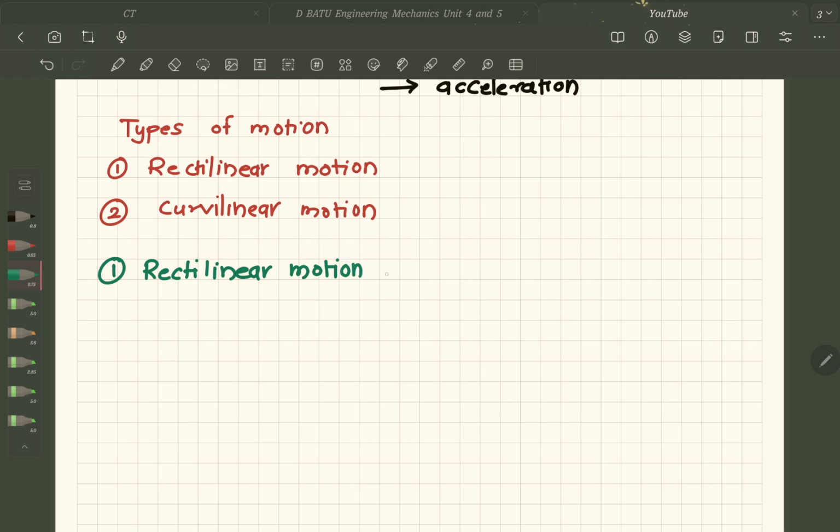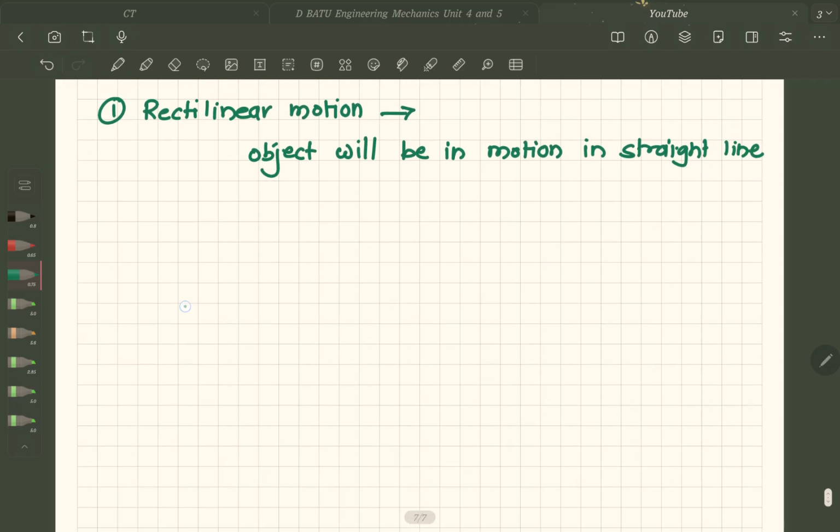The meaning of this is the object will be in motion in a straight line. What that means is the object may be traveling in any direction, but it will be traveling in a straight line only.